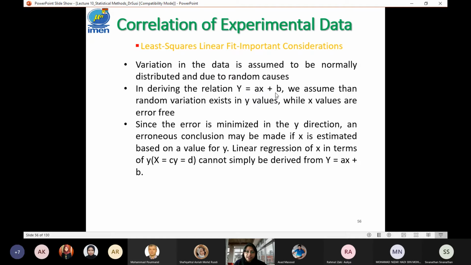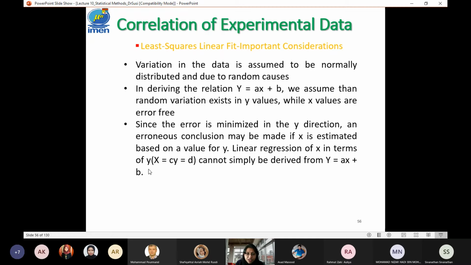So in deriving ax plus b, we assume that the random variation exists in y values while x values are error-free. So do not make the mistake of, since the error is minimized in the y direction, an erroneous conclusion may be made if x is estimated based on the value for y. So you don't do a mathematical change, right? You make x as the first letter.